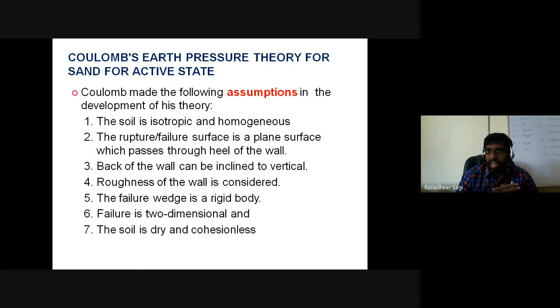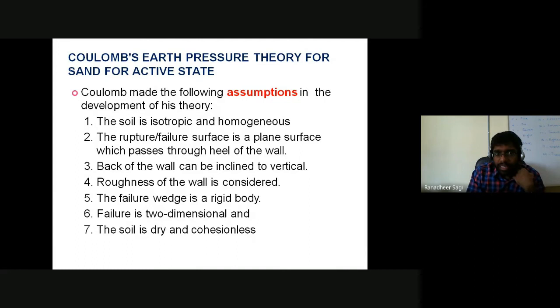Earlier, what we have been looking at is Rankine's earth pressure theory. But now we are coming across Coulomb's earth pressure theory, and to start with, we assume that it's applicable for cohesionless soil. That's the reason it's indicated as for sand, cohesionless soil in the sense of sand.